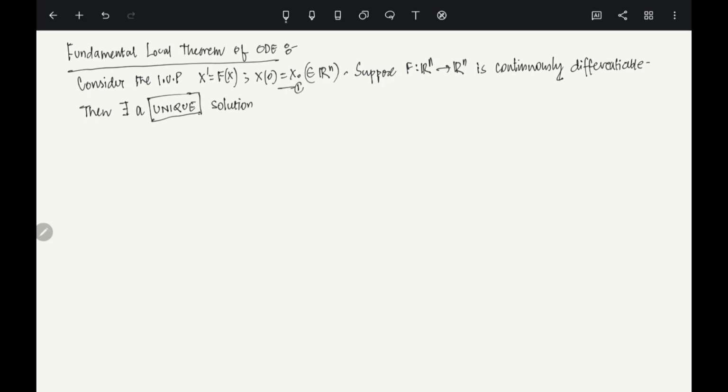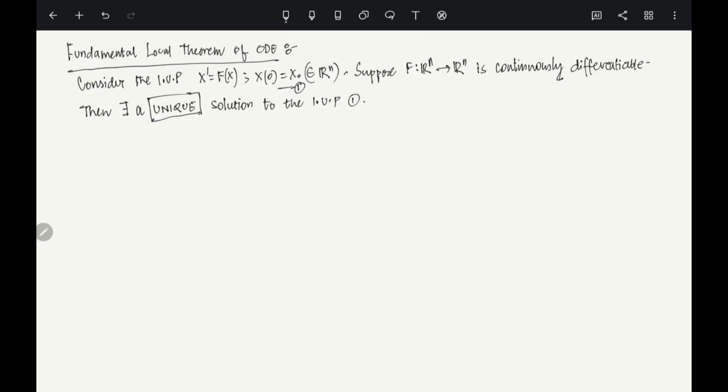Let me call this A1, a unique solution to the initial value problem 1.